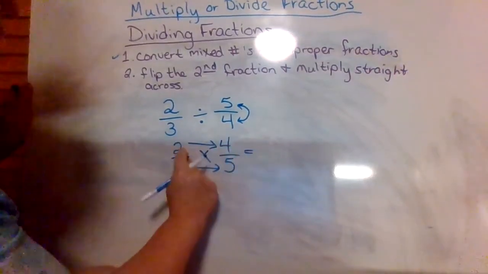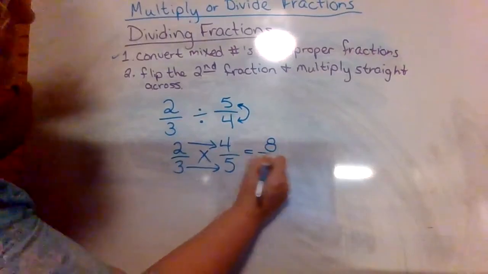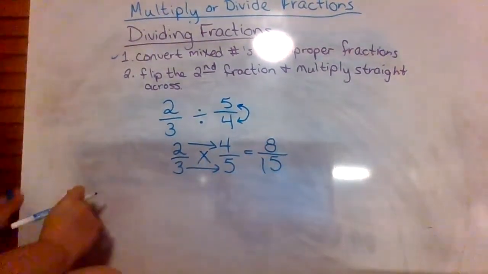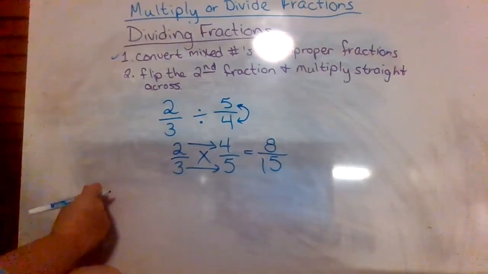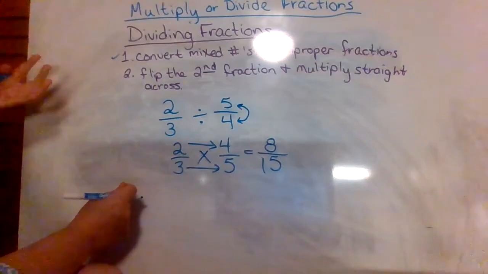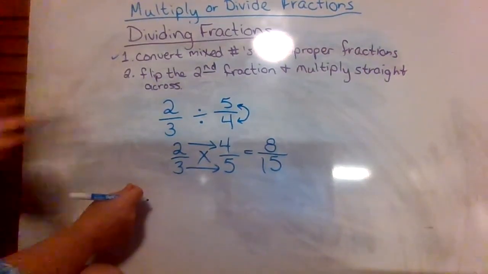So now we end up with 2 times 4, which is 8, divided by 3 times 5, which is 15. Now remember our little people with their little thought bubbles. Is this in reduced form? In this case, yes, it is. 8 and 15 do not have anything in common.